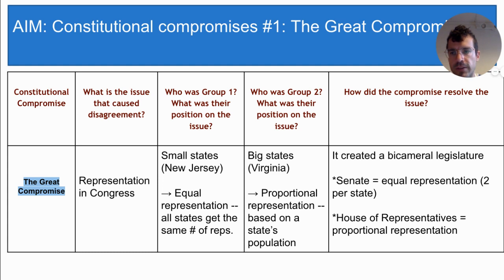In the other legislature, which is called the House of Representatives, each state would get a different number of representatives based on their population. So New Jersey and Virginia each got 2 representatives in the Senate, which pleased the small states, like New Jersey. But Virginia got a lot more representatives in the House of Representatives than New Jersey did, which pleased Virginia and the other big states. And this was called the Great Compromise.